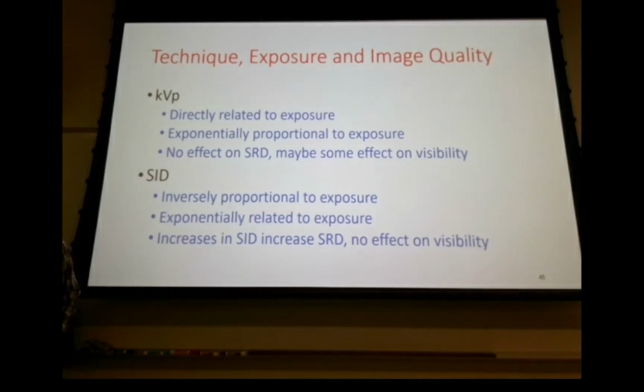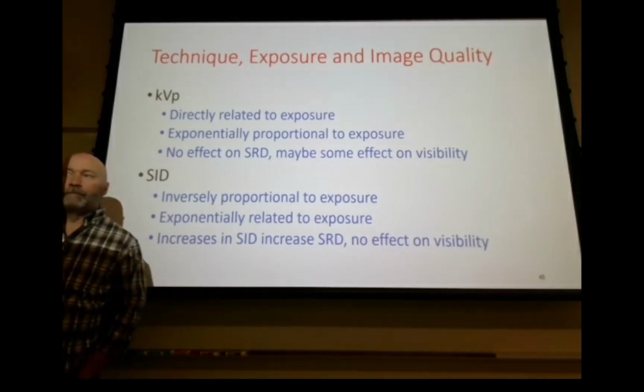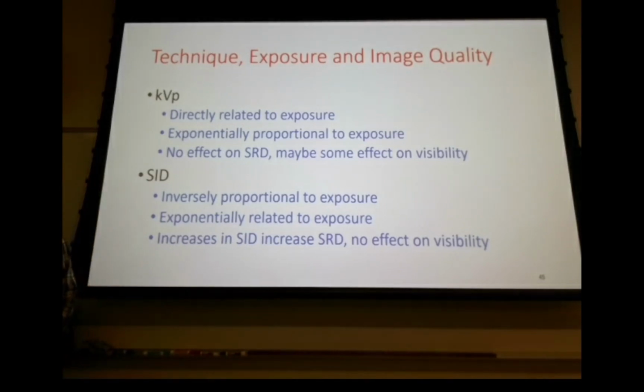Increase your kVp and make another exposure and see what the difference between those two is. If you're using the same computer algorithm, pick anything, say a chest x-ray, and you make an exposure at 80 kVp and another at 100 kVp, and you bring those two images up side by side, you know what you're going to see?